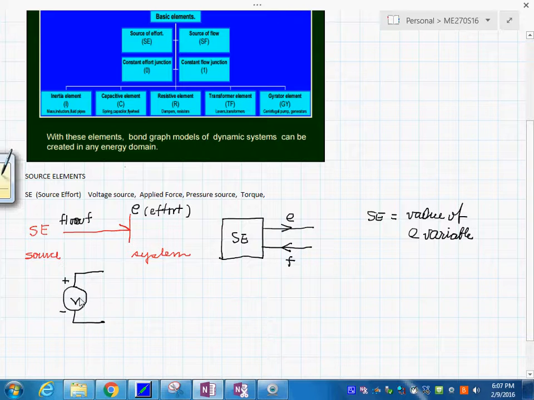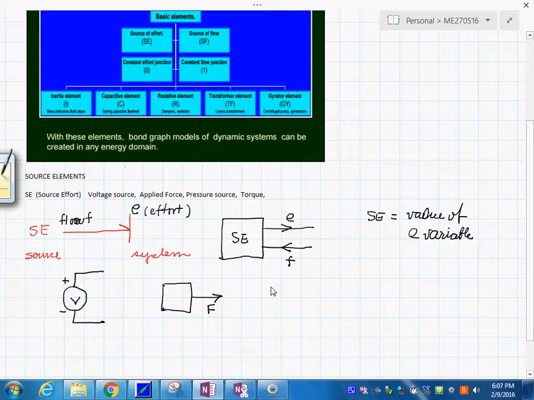If you have a hydraulic system, like for example, you have a pressure source, let's say an accumulator that has pressure in here from a source, or a pump maybe.